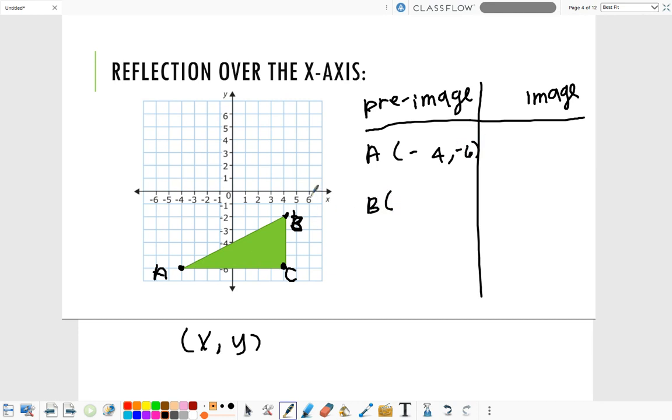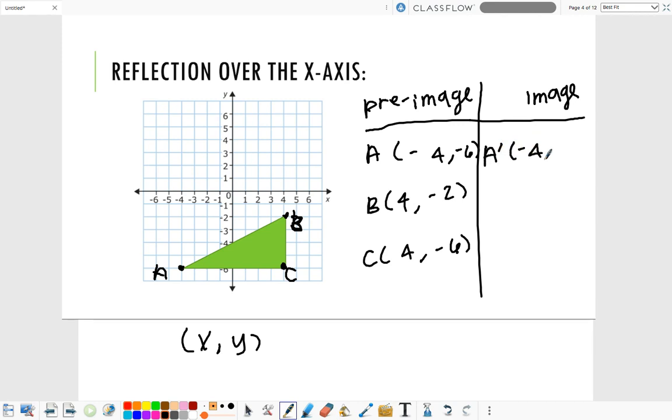B is at 4, -2. So our y is at -2. And then C is at 4 and -6. Now remember, when you reflect over the x-axis, we change the sign of the y. And so when we change the sign of the y, remember our image is going to be A prime.